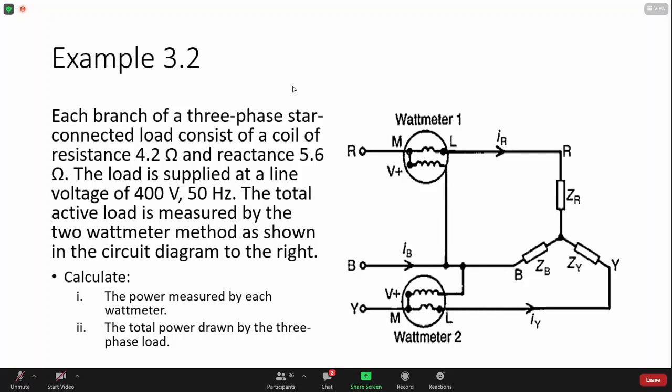So you figure out what the wattmeter needs. Good. Yeah, pick a reference. All right, so what's the reference for our star? Red phase, sir. Red phase current or red phase voltage?